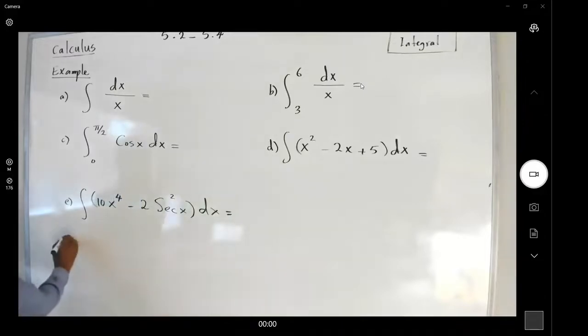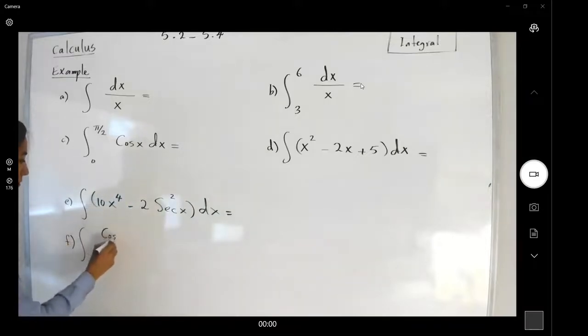And the next one, what is the integral of cosine theta divided by sine squared theta d theta.